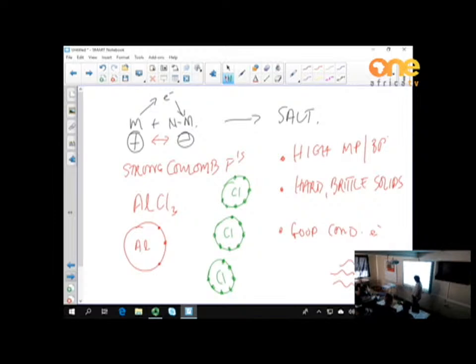Okay, so what is going to happen is you must show that aluminium is going to lose its electrons to the chlorines. The moment aluminium does that, you show it is plus 3, and each chloride becomes -1, -1.